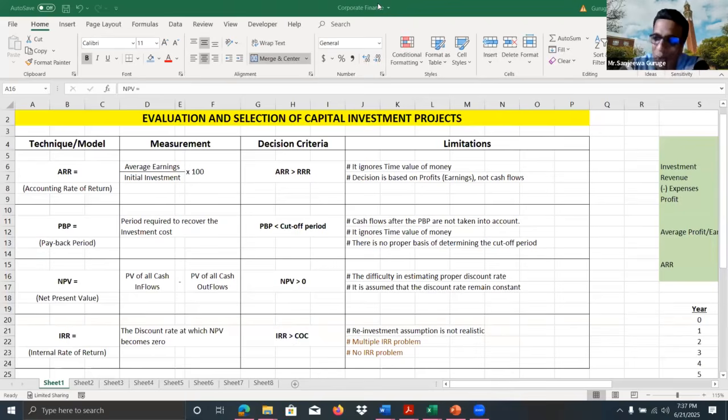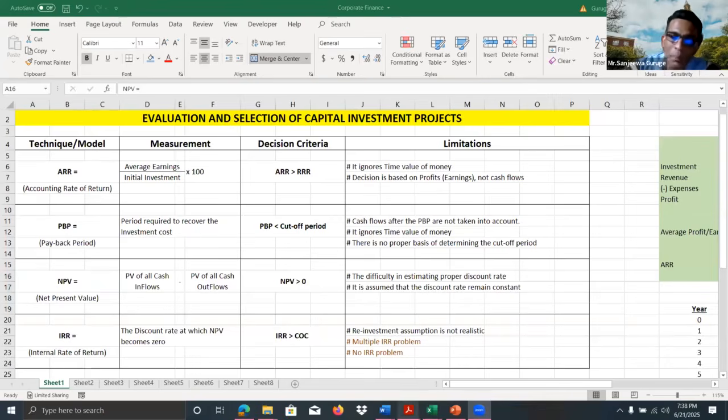I mentioned earlier also, ARR is not the correct technique to rank the projects because ARR is based on profits. And in order to calculate profit, when the organization gets project proposals from different parties, they may have used different accounting policies. So ARR is not suitable to rank the projects. Payback period is not suitable either. NPV also is not suitable to rank the projects as it is, because NPV does not indicate the investment cost.